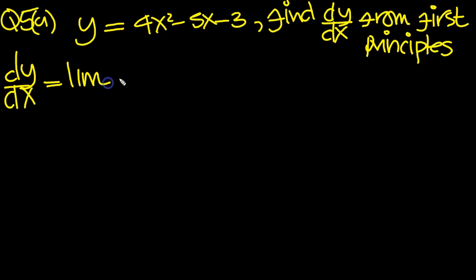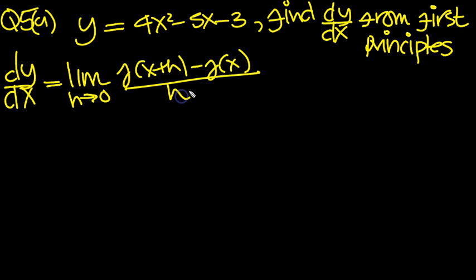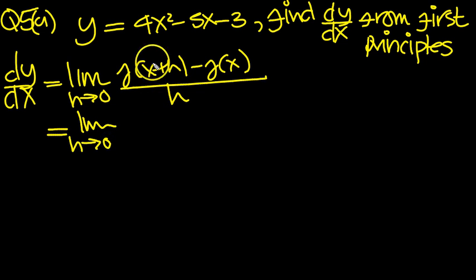It will be the limit as h tends to 0 of f(x plus h) minus f(x), all divided by h. That's a bit better. So that's equal to the limit as h tends to 0 of f(x plus h).